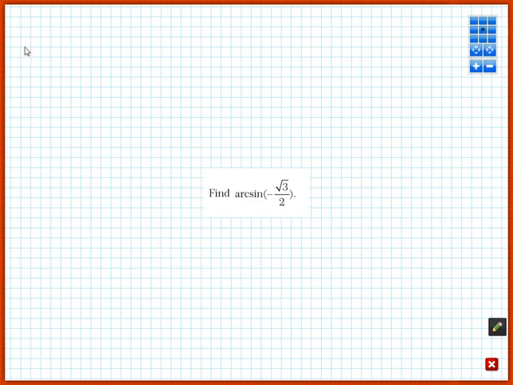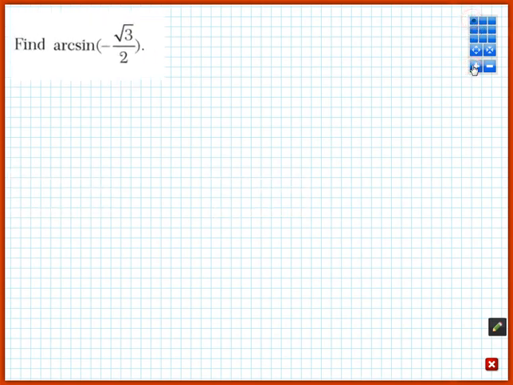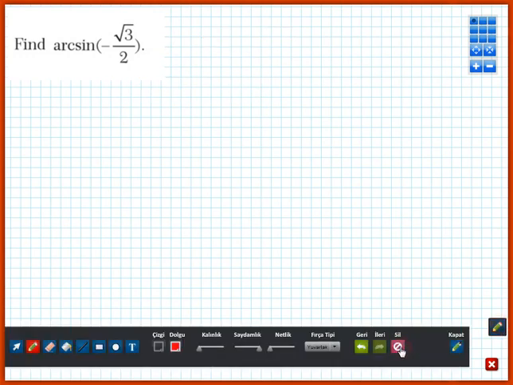Here, the question is, for which angle between minus 90 and plus 90 will the sine be minus root 3 over 2? We have to find the angle between minus 90 and plus 90 whose sine is minus root 3 over 2.